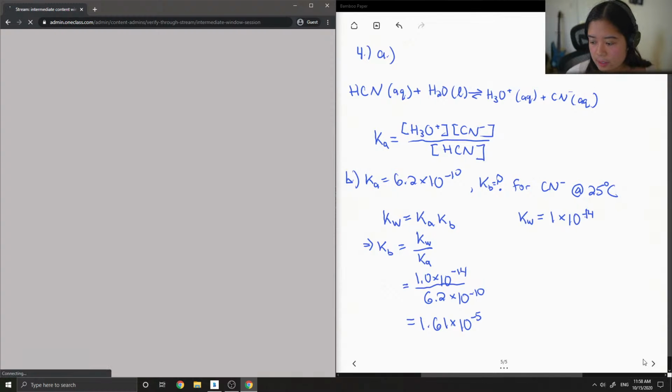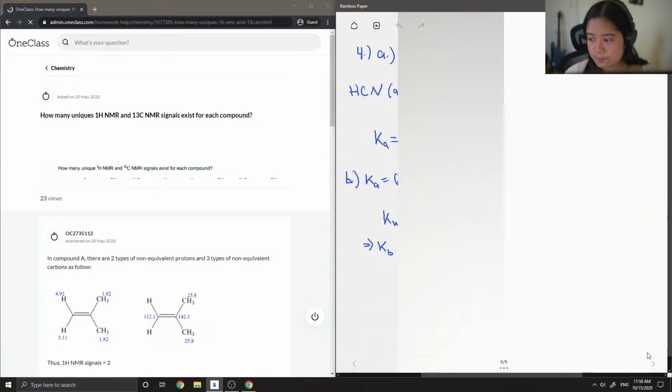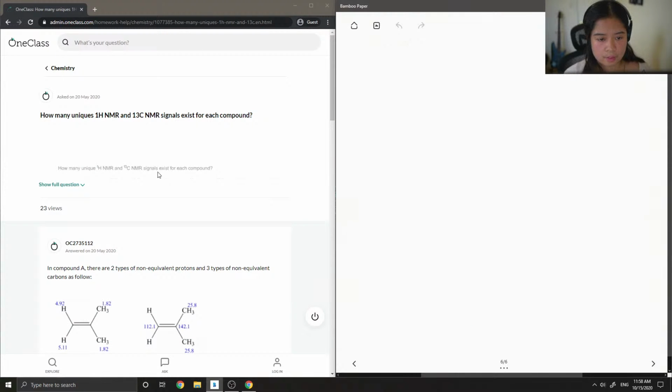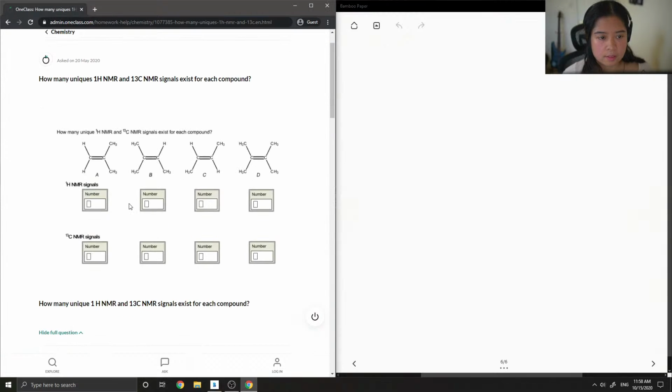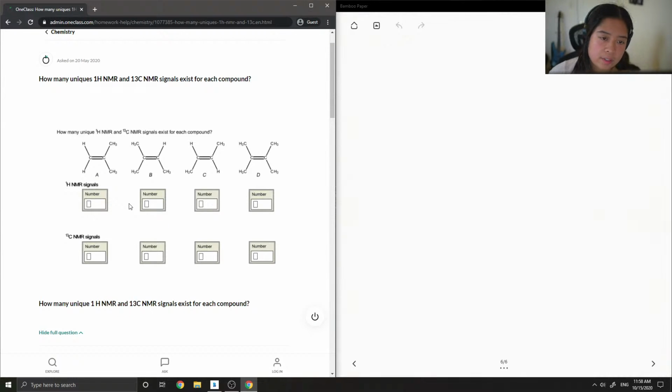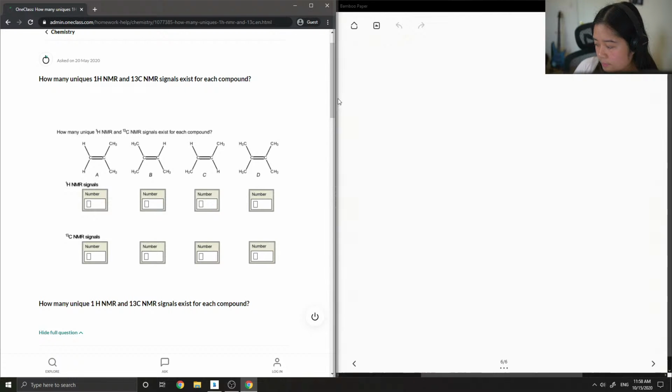So on to question number 5. How many unique HNMR and CNMR signals exist for each compound? Okay, so I'm just going to write down each one.